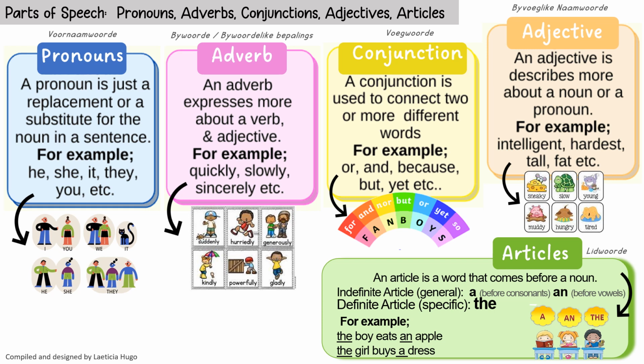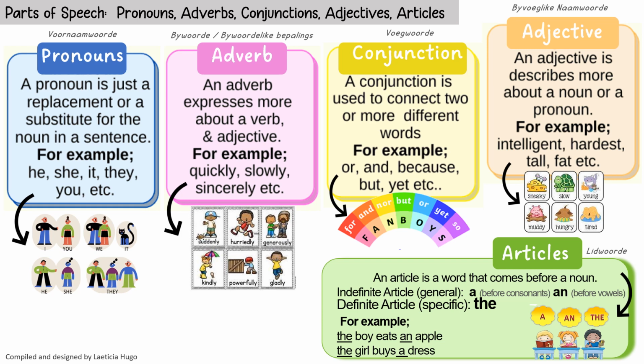Also, most of the time, you will see that it's got an "ly" or a "y" at the end of it, because that is applicable to the verb and the adjective. For example, a sentence is, "she sincerely apologizes to the boy." Sincerely tells us more about how she is apologizing. So again, an adverb expresses more about the verb or the adjective.